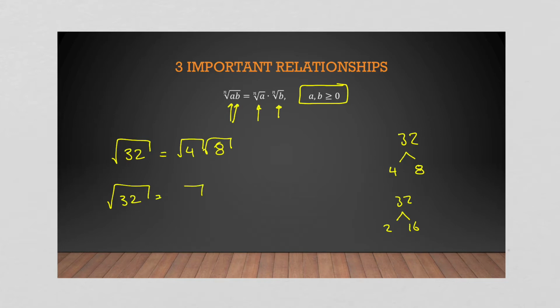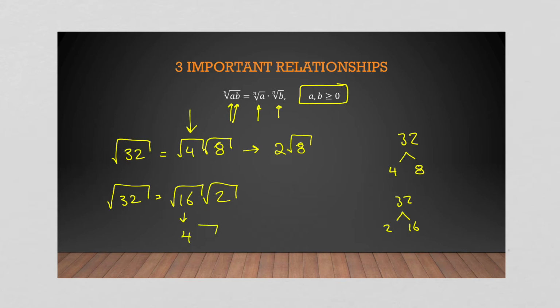What this does is allow us to simplify in a much easier way, because if we can find a perfect square as a factor, it will simplify out. Here, what's the square root of 4? Well, it's just 2. So I have 2 times the square root of 8. Below here, I'm even further along because this is 4 times root 2. Now you would think the answers should be the same, and they are.